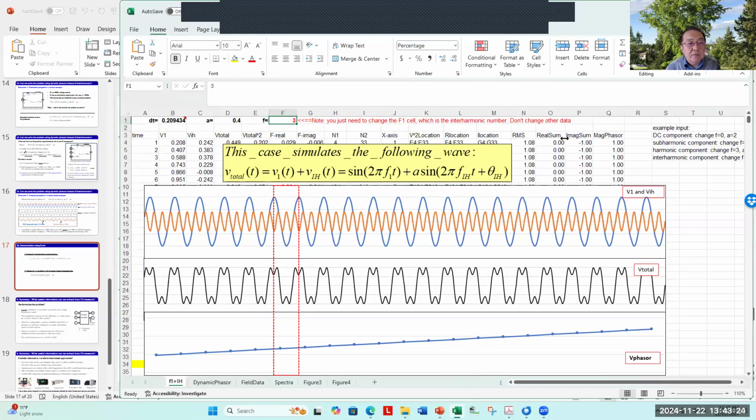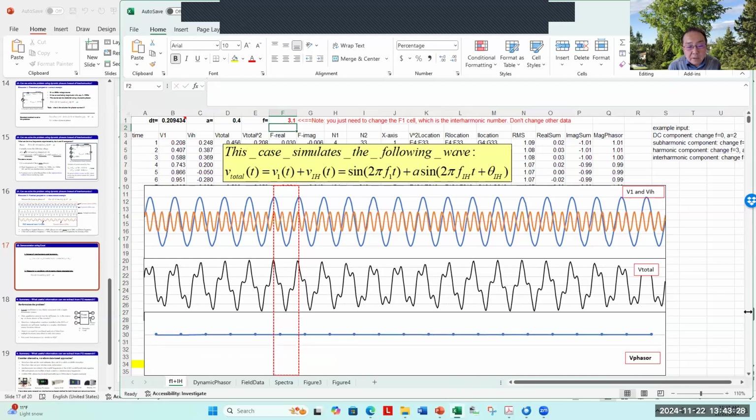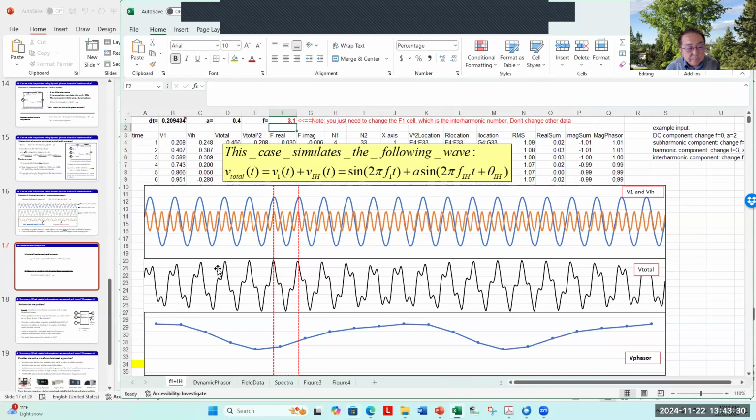So that's the 3.1 interharmonic. You can see that the interharmonic, because it's a high frequency, has harmonics, and it causes waveform modulation, like this.